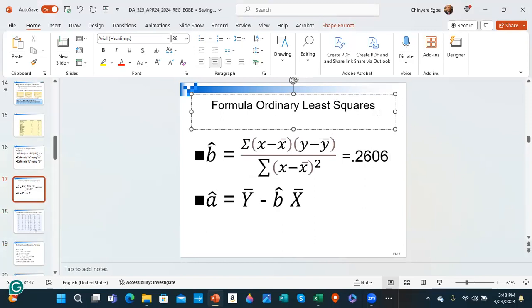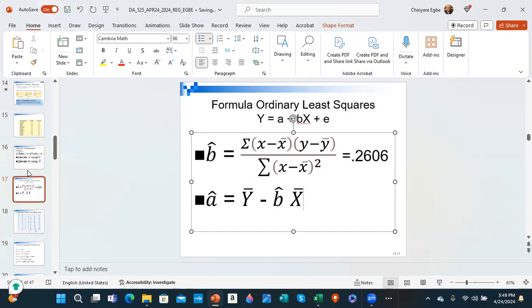This is y equals a plus b x plus e. So here our estimate of b is 0.2606. And we will explain that later.